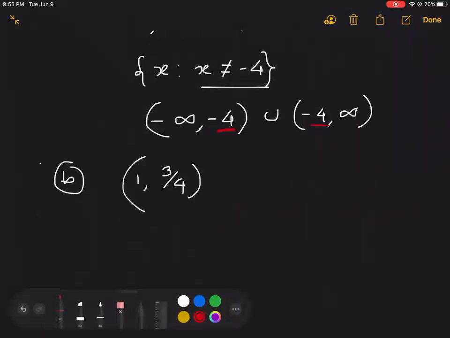So as we know, the first value comes from x, the second value comes from y. So what we can do is plug in x in place of the x's we have, and if we get 3/4 in return, that means the point is actually on the graph. Otherwise, we'll say, no, this point is not on the graph, okay?